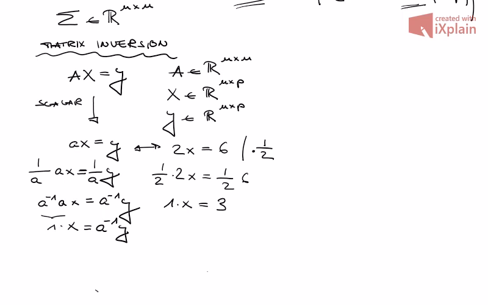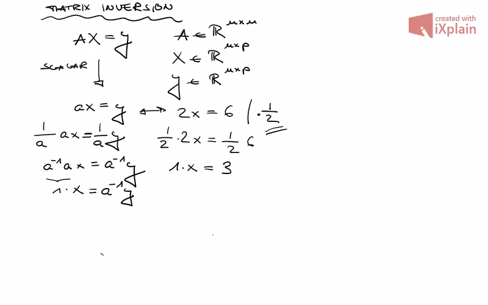Now this a to the power of minus 1 is also known, so that's the 1/2 here, as the multiplicative inverse. And the thing I want to get at with this is that for matrices, these kinds of multiplicative inverses are also a concept, although they're not necessarily defined.